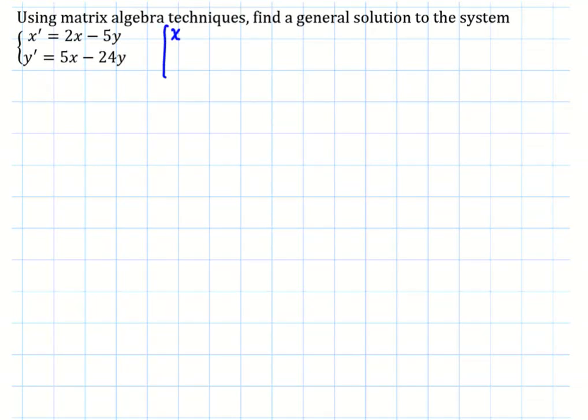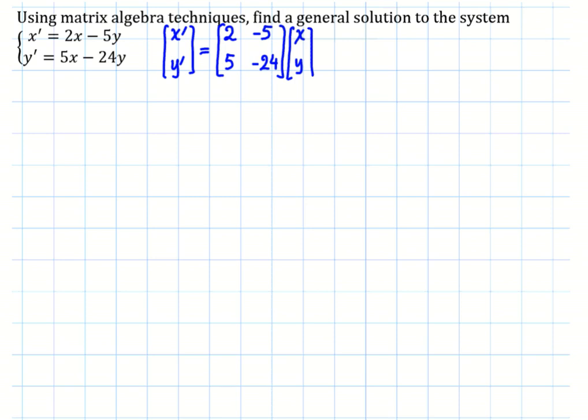So we have x prime, y prime, put that in the matrix, 2, -5, 5, and -24, times x, y.